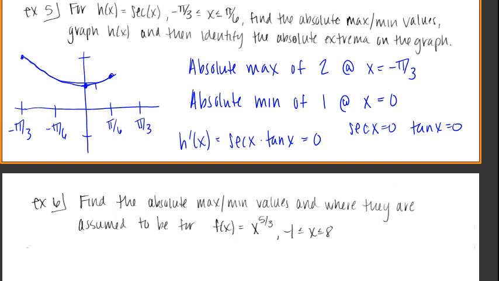The only time secant equals 0 is at π/2 or -π/2, and that's not in our interval, so we shouldn't be getting any maxes or minimums from there. Tangent of x only equals 0 when sine is equal to 0, and on that interval sine is 0 when x equals 0. That's telling us we have a potential value for a max or min there, and we actually did find one. It was a min value.